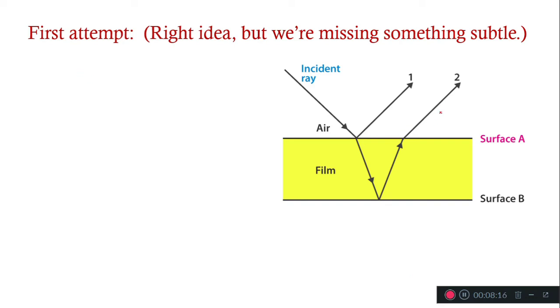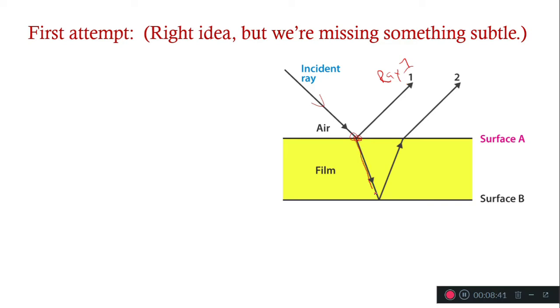So again, we're going to draw ray diagrams, but remember this is an interference phenomenon, so what I really care about is, do I have an extra whole wavelength or two whole wavelengths? Okay, so I got an incident ray. First thing that happens is the ray bounces off of the air film boundary. And that's it. Part of the ray refracts.